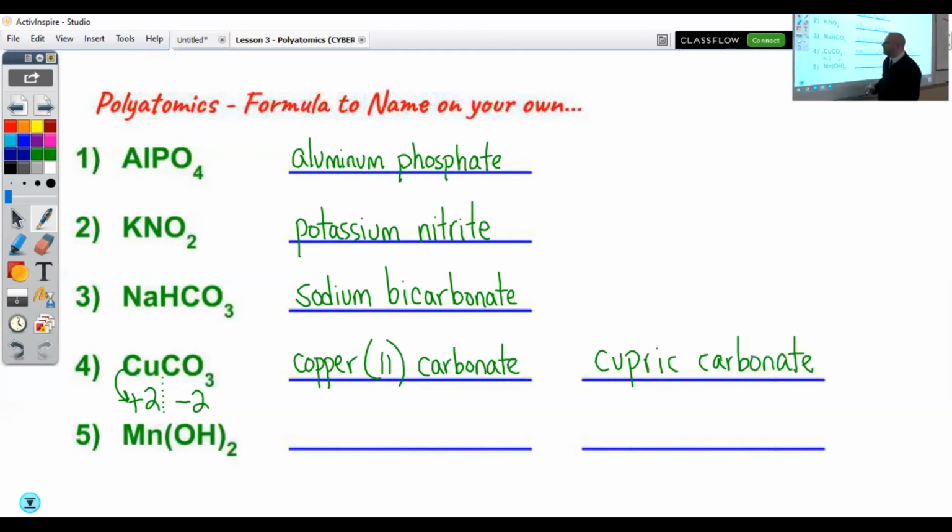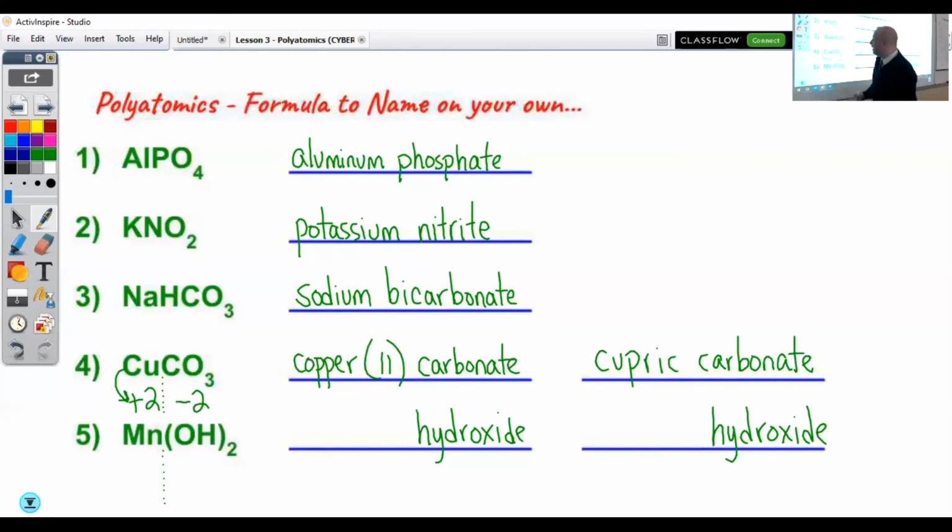Let's look at example number 5. In this case, I identify the polyatomic as hydroxide. Notice the parentheses. I have 2 copies of hydroxide.